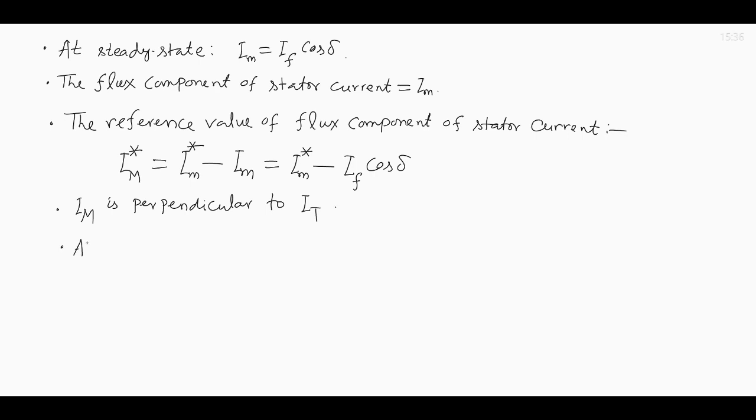At steady state condition, the reference value of the injected current I capital M star is 0. Only I M star is determined at the transient period, decided by the controller.